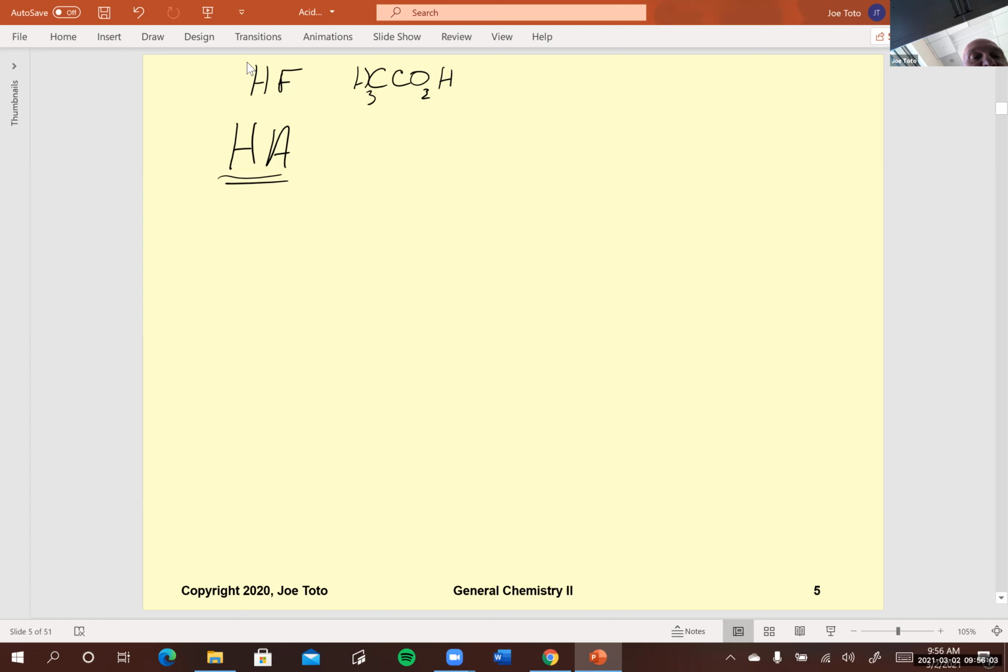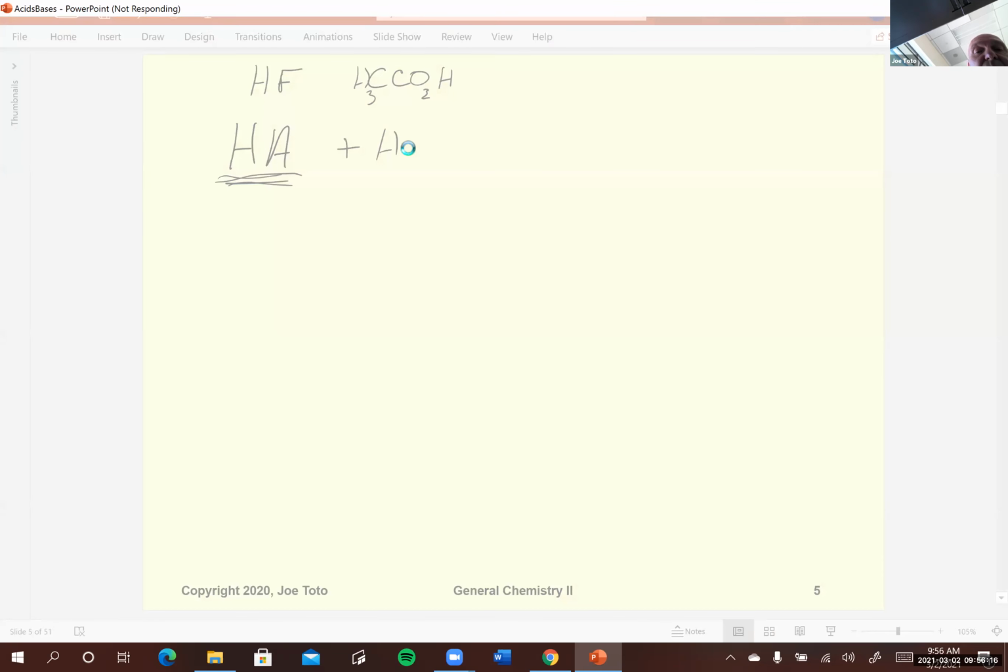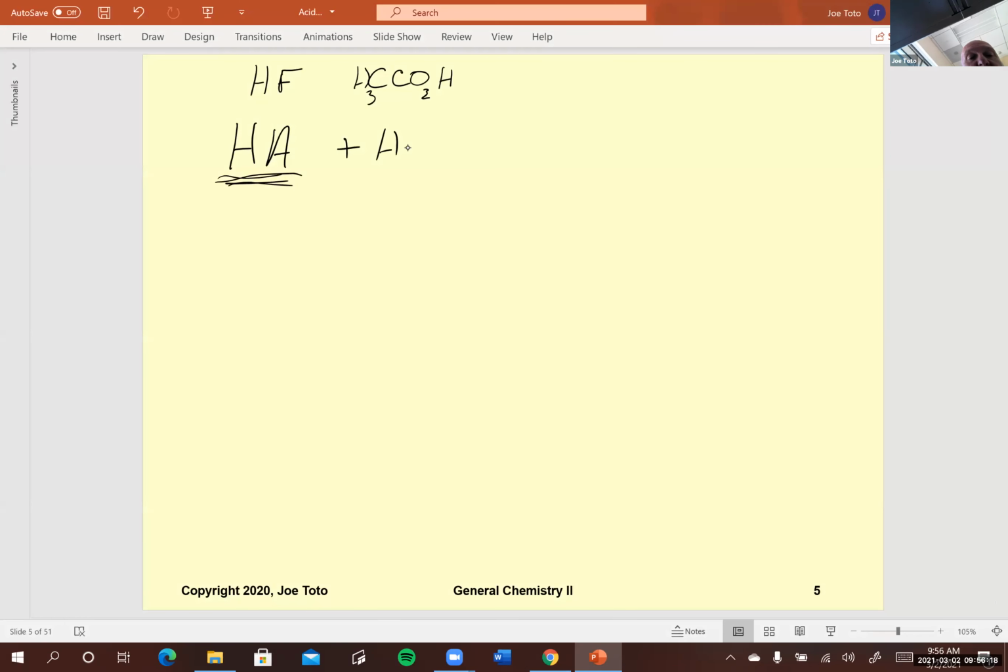But now say I have a solution of HA, which is a weak acid, and you would expect the pH of this acid in water to be in what range? What range do you think that's going to be? Anybody? Would it be below 7? Yeah, why would it be below 7? Because 7 is neutral, or like in the middle, and anything above that is a base.